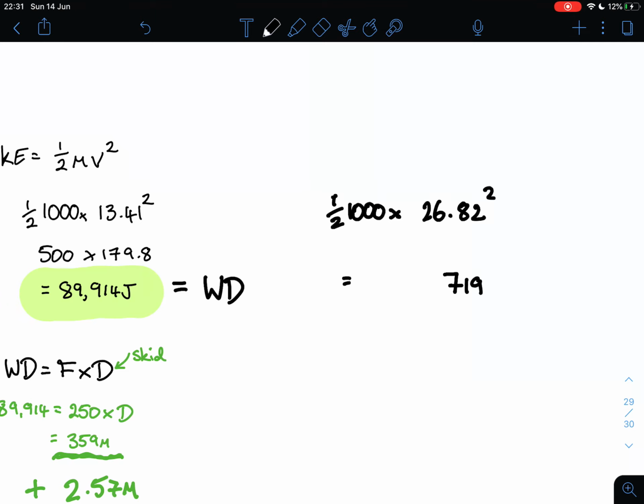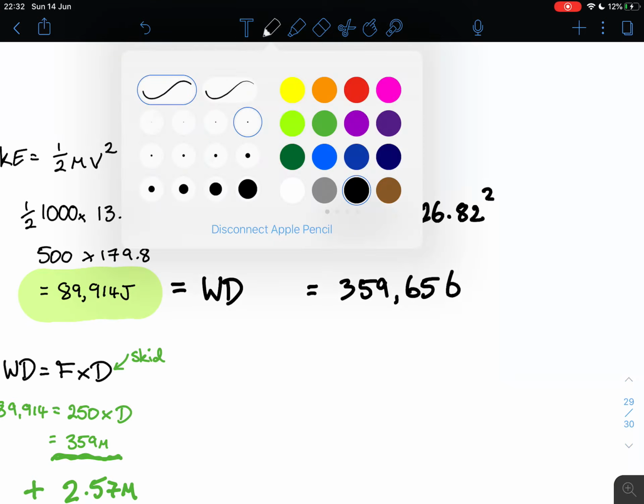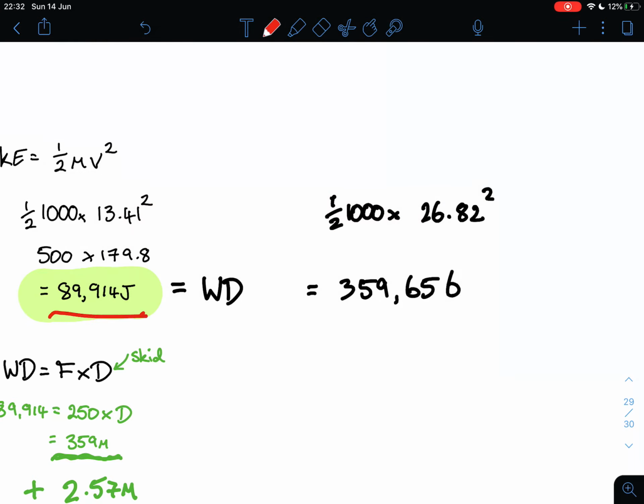That gives me a total kinetic energy this time of 359,659.56. Now, you might not notice it, but from here to here, this number is 4 times bigger.